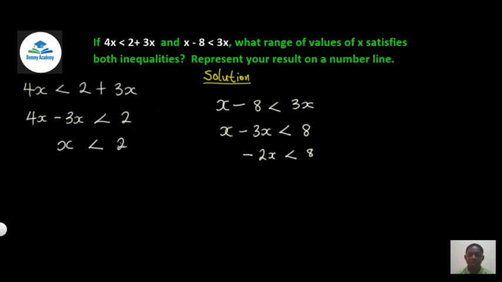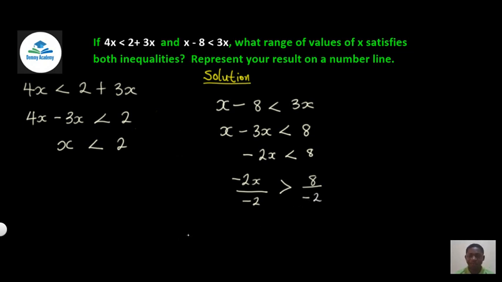So here we want to divide through by negative 2. So we have negative 2x divided by negative 2, and instead of less than, we then have greater than 8 divided by negative 2.